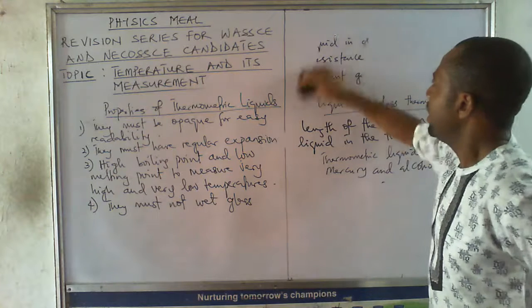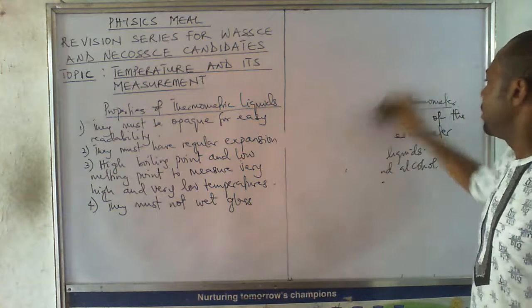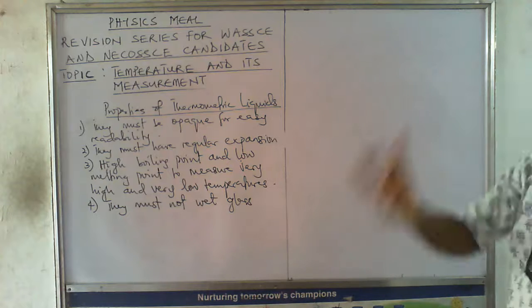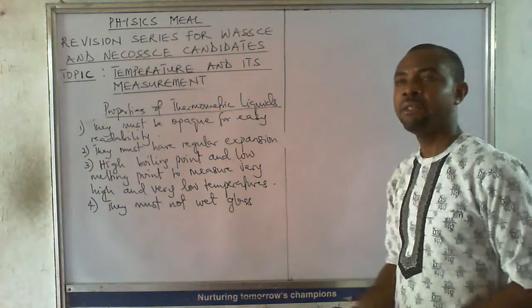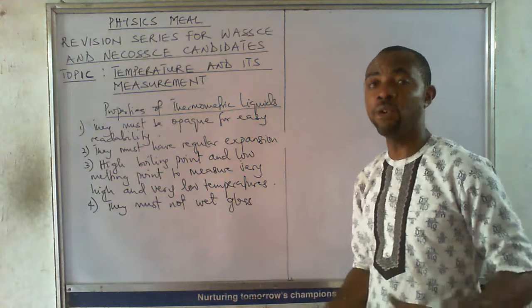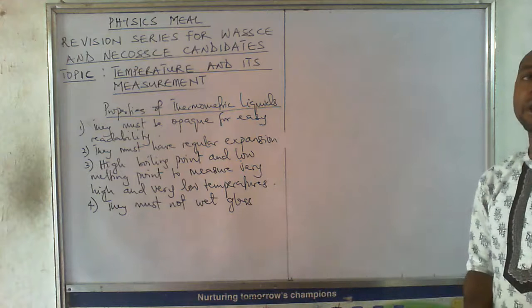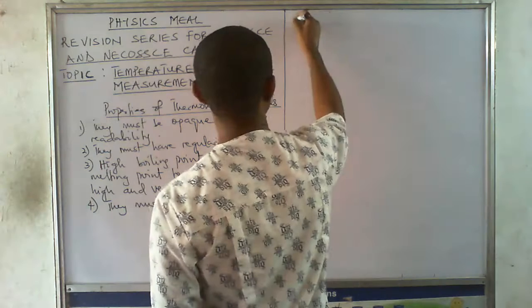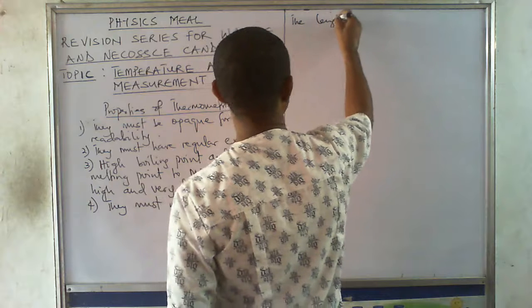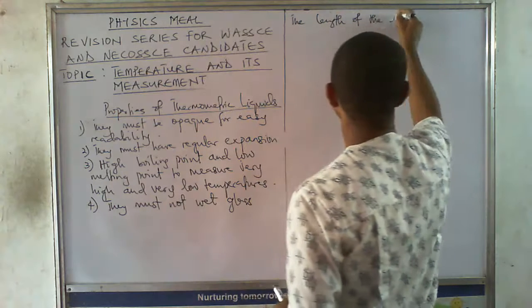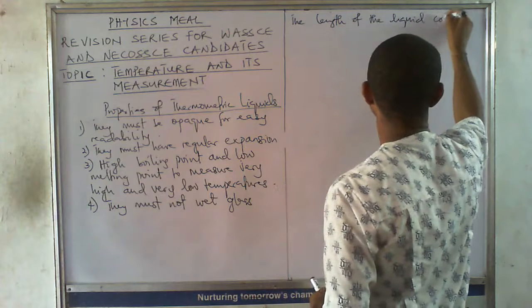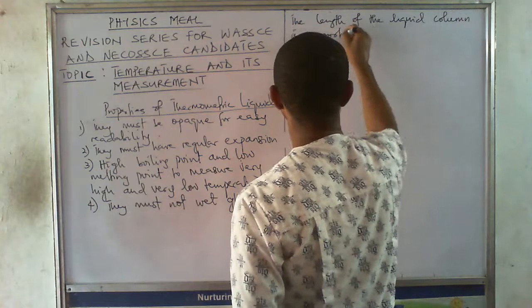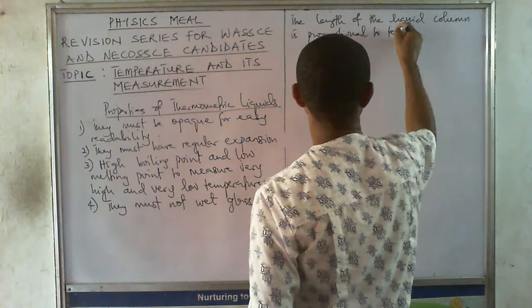Now, we have said that in the liquid in glass thermometer, it is the length of the mercury column, or length of the liquid column, that will be used to measure the what? Temperature. That means the length of the liquid column is proportional to temperature.